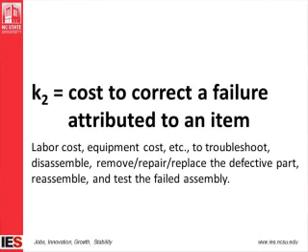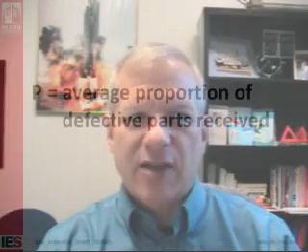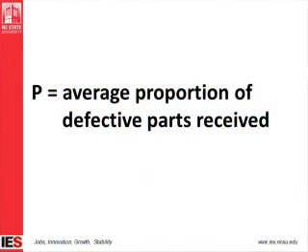Then you have to put it back together. You have to test it again before you send it off to your customer. So you have K1 and K2. And K2 will always be greater than K1, so K1 over K2 will always be a fraction, and we'll work with that fraction.